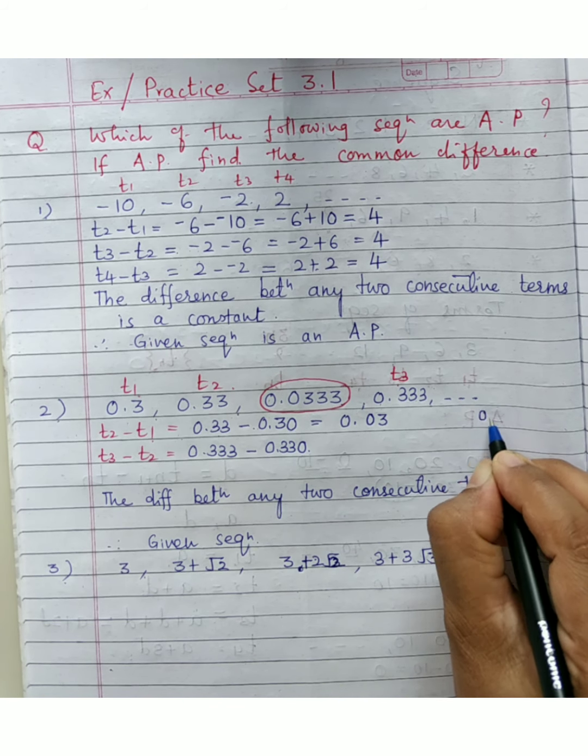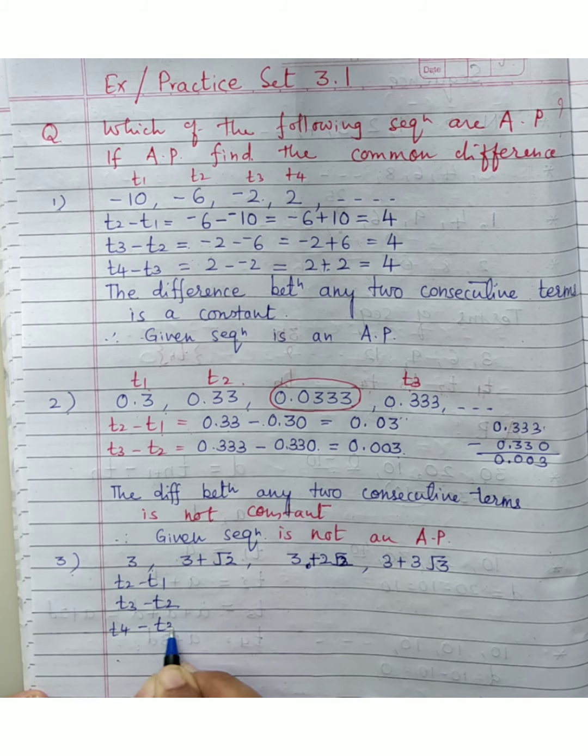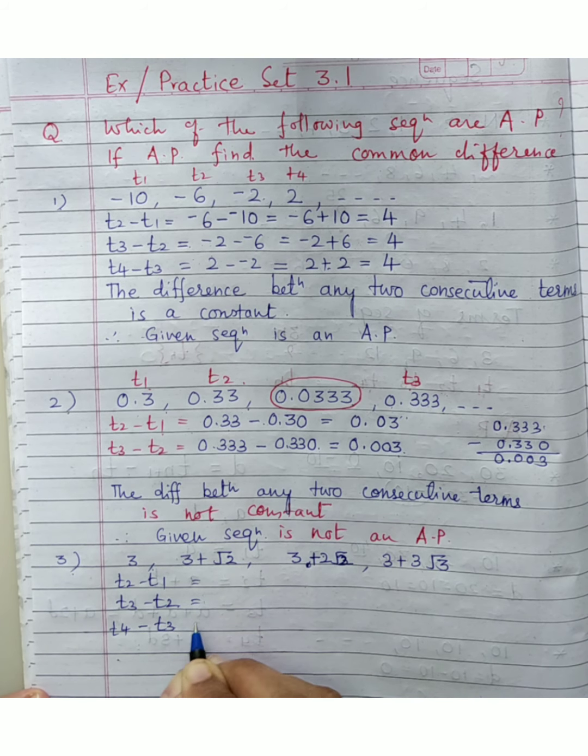Right? Next you see 3 plus root 2, 3 plus 2 root 2, 3 plus 3 root 2. So here T2 minus T1, T3 minus T2, 4 terms are there, T4 minus T3. Find out.